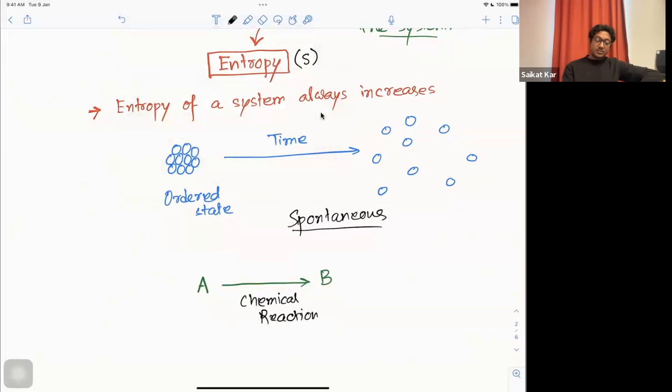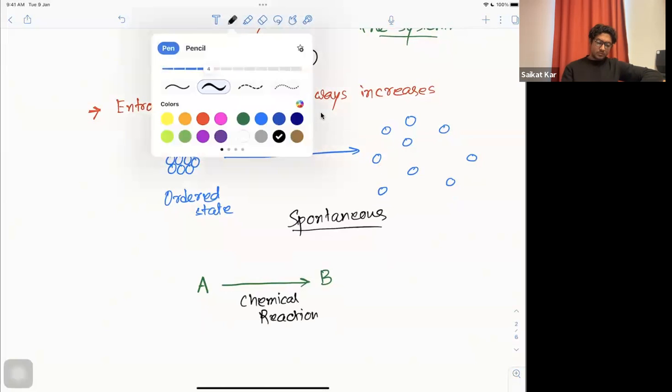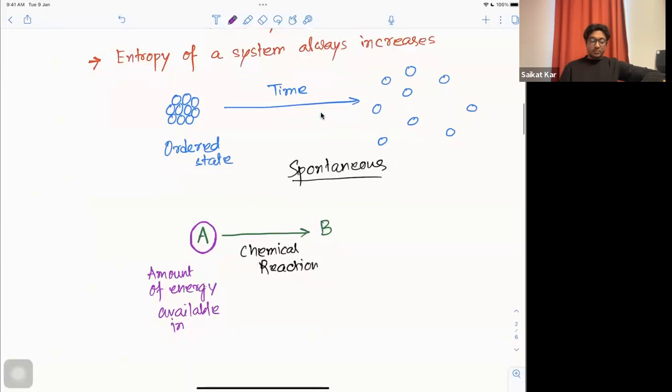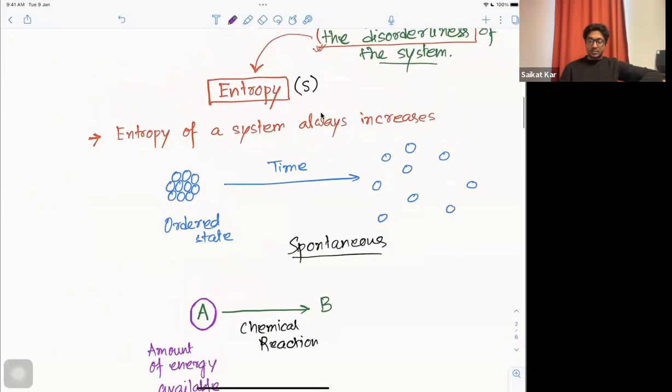In this reaction, the amount of energy available in A for work. After 15 minutes, I'll give everyone some time to ask questions about whatever we are studying now.